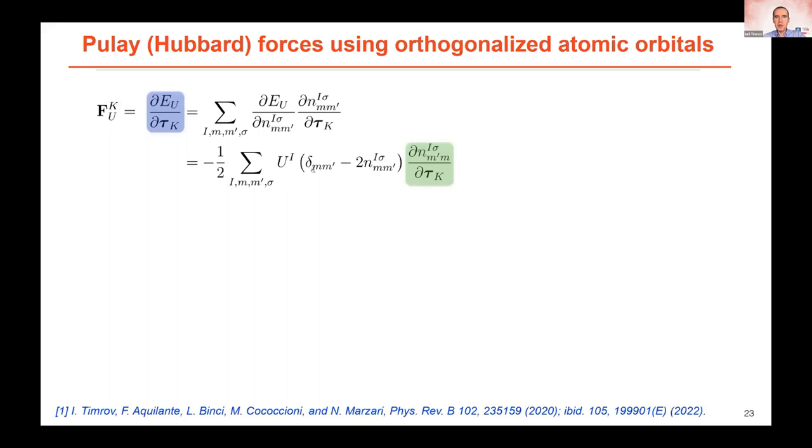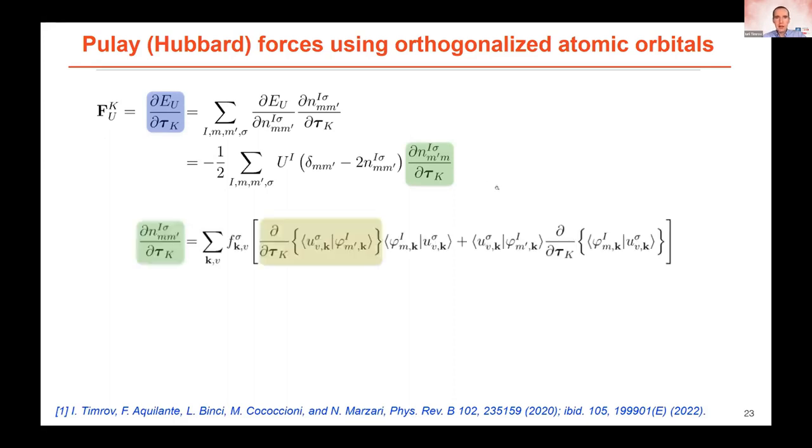So the first term is easy to compute. It gives us U times the Kronecker symbol minus 2n, and the second term we keep, so we highlight it in green. When we use the definition of the occupation matrix n, we can write the expression for its derivative, dn over d tau.